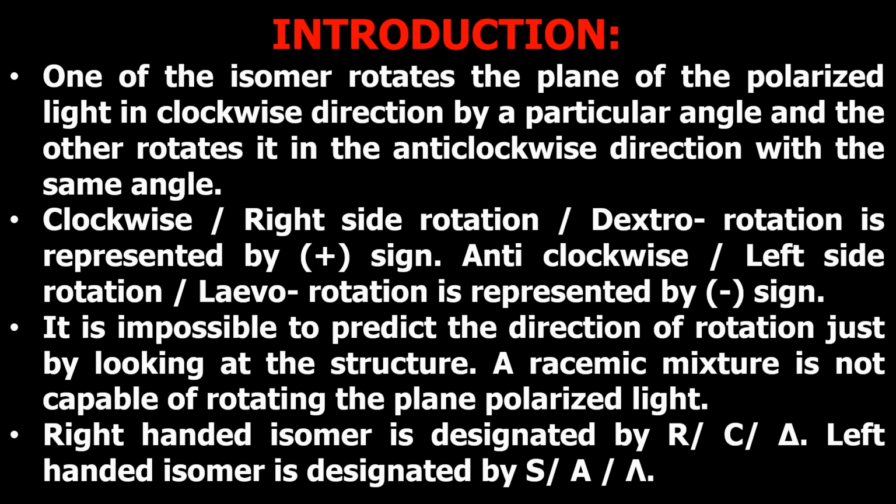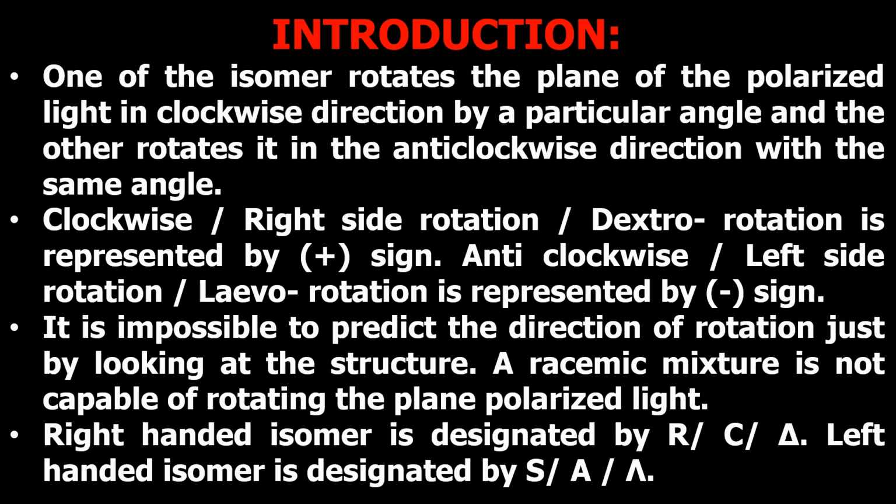A racemic mixture is a mixture which contains equal amounts of plus and minus isomers, and because of that, one isomer is rotating the plane of the polarized light by a particular degree in one direction, and the other one is doing exactly the opposite thing. That is why the racemic mixture is not capable of rotating the plane of the polarized light.